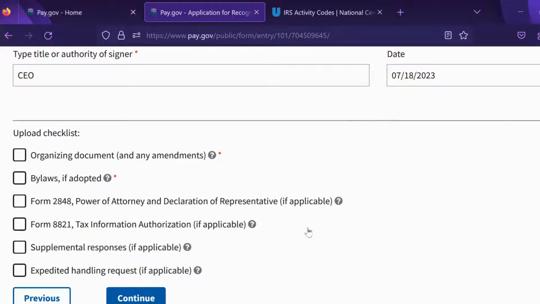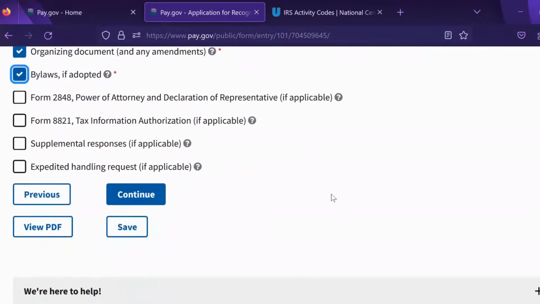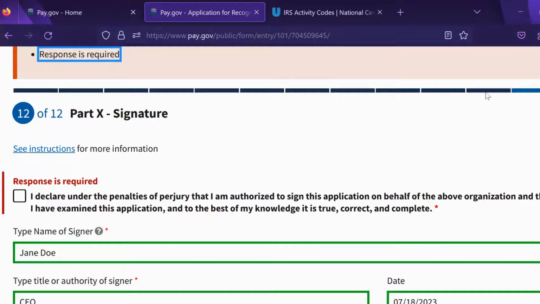Form 8821, tax information authorization, if applicable. Supplemental responses, if applicable. Expedited handling request, if applicable. So the only two that are required are your organizing documents and the bylaws. So Jane is attaching that information. She has to click that part.